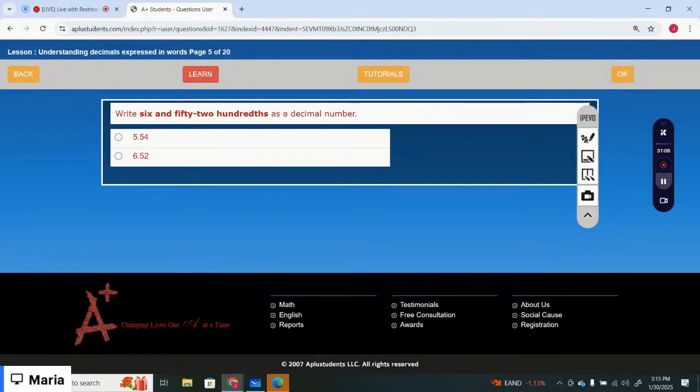That is 6 and 52 hundredths. Option number 2 is the correct option. That is 6.52.